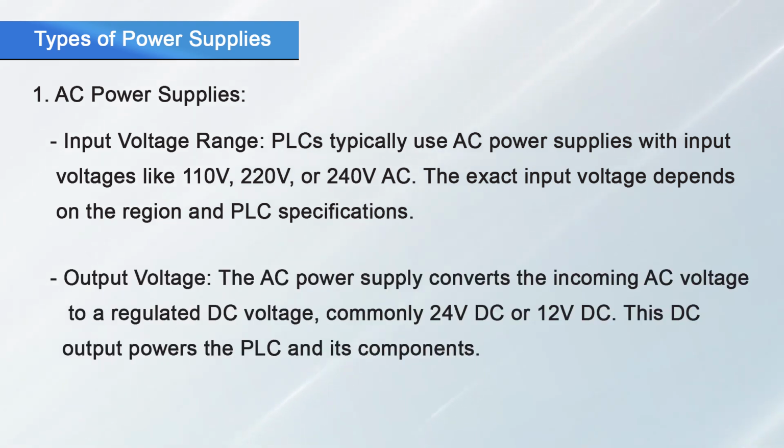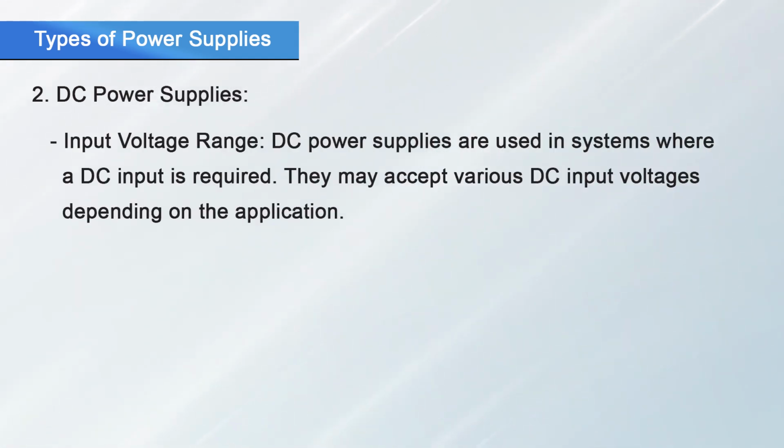Now the output voltage range. The AC power supply converts the incoming AC voltage to a regulated DC voltage, commonly 24 volt DC or 12 volt DC. This DC output powers the PLC and also its components. Now next is the DC power supply. Now the input voltage range: DC power supplies are used in a system where a DC input is required.